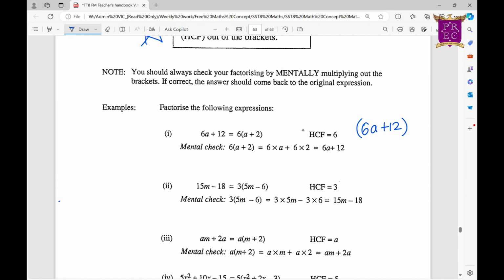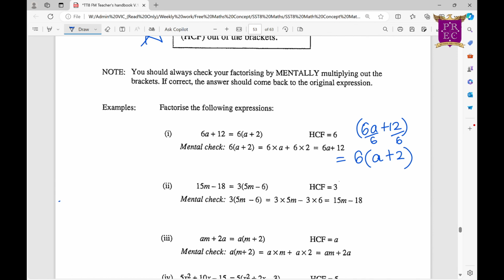So I can just divide by 6 and divide by 6. When I divide, I'm taking the 6 out of the brackets, so 6 is now placed outside the brackets. 6a divided by 6 just gives me a, and 12 divided by 6 just gives me positive 2, so that just becomes a plus 2.